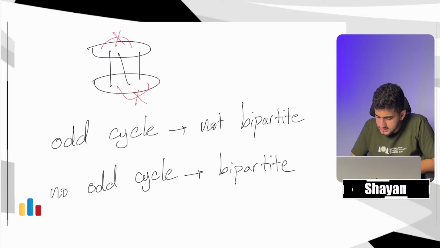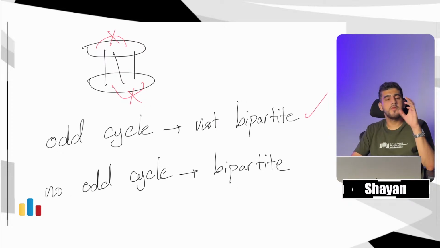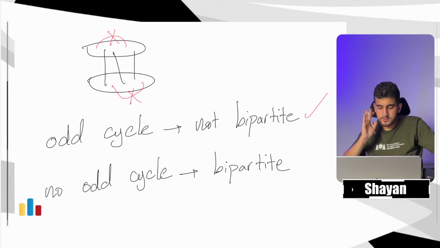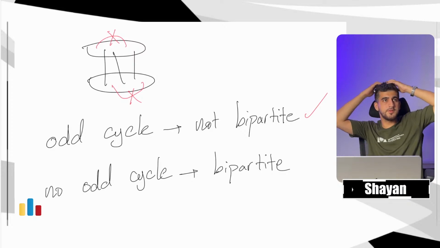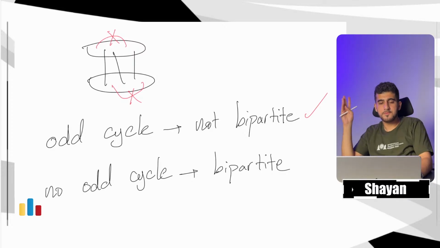This part was easy to show. This part also, we proved, but we will come back to this proof once again. I just want you to ensure that you know this. This is the bipartite graph. You just need to be familiar with the definition of bipartite graphs for now.